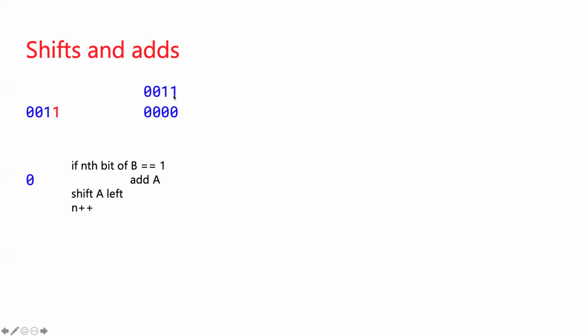And, sorry, I probably didn't say this. C is our product. So down here, as we do this algorithm, C is going to accumulate the product of A and B. All right, so first step, the low order bit of B says add in a copy of A. So I add that into C, and now C is just a copy of what's in A.